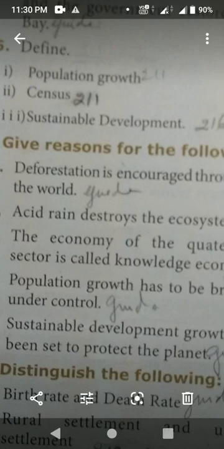Next one, define sustainable development. That is page number 216. Under the heading sustainable development, second para in full. Sustainable development is development that meets the needs of the present without compromising the ability of future generations to meet their own needs.